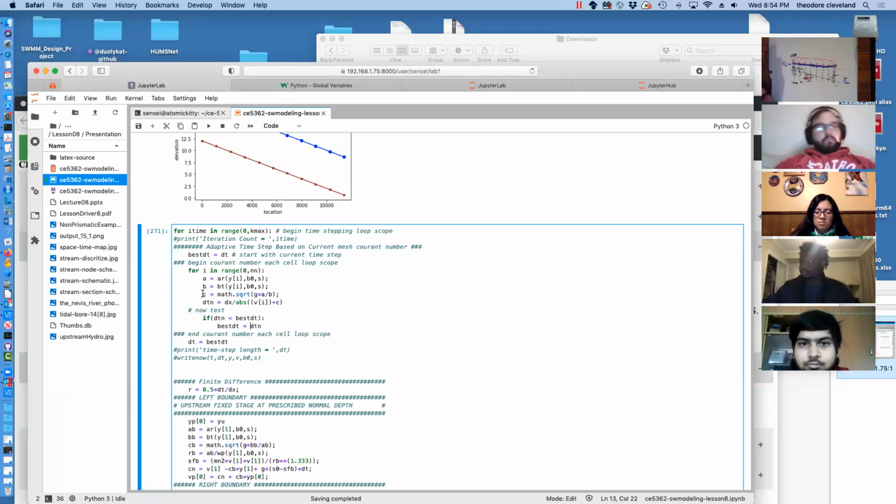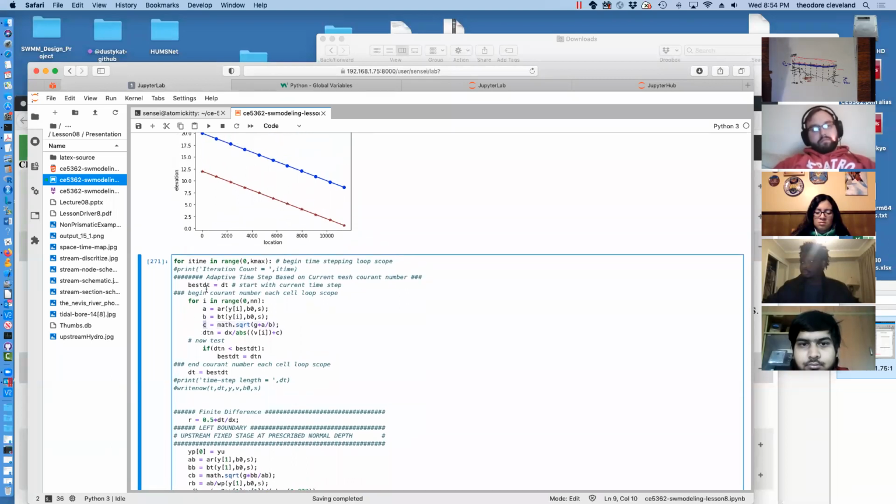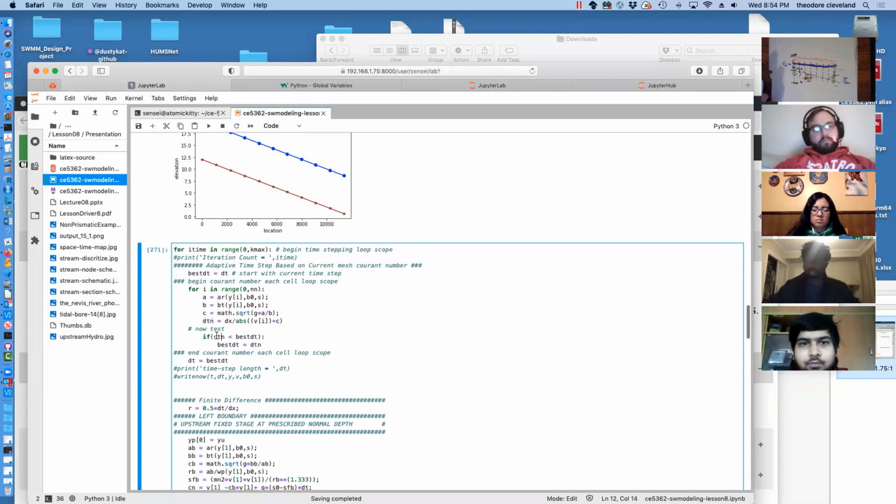So for that, we basically compute a Courant number in a cell. We compute the time step that would be associated with that Courant number. This is based on a formula taken right out of Sturm's book. And then we determine if our best time number is less than our current best.